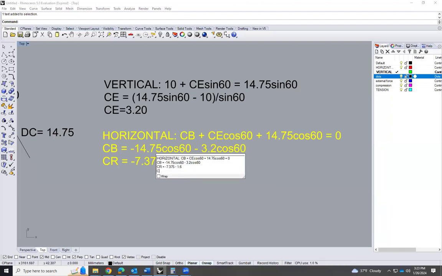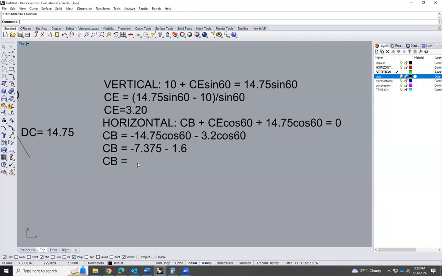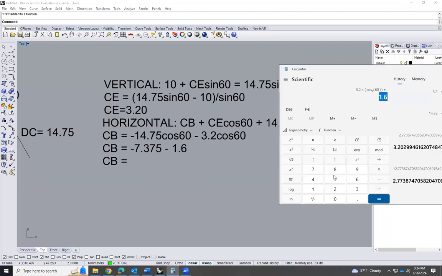So how much is this? CB equals negative 7.375 minus, or negative 1.6. So this is 1.6. We need a negative sign, so I'm going to multiply times negative 1.